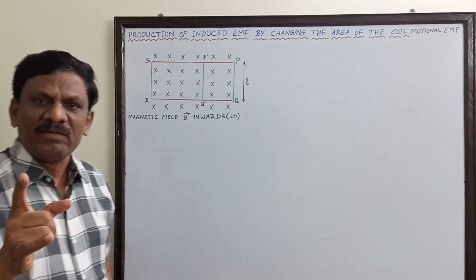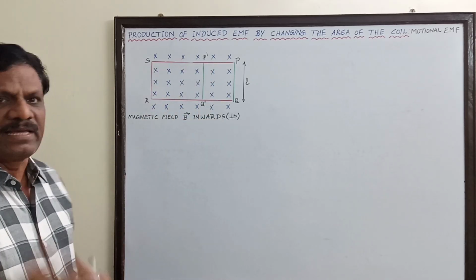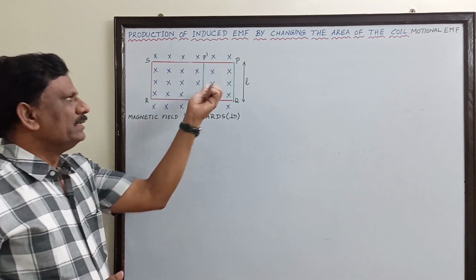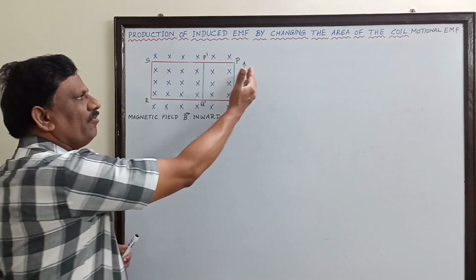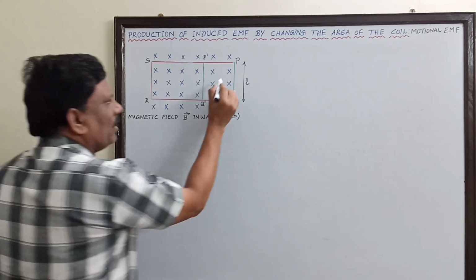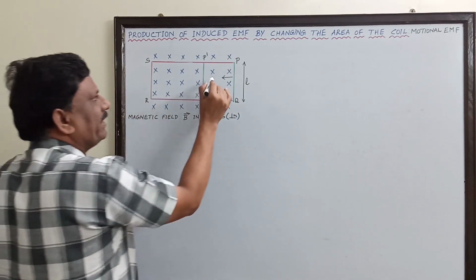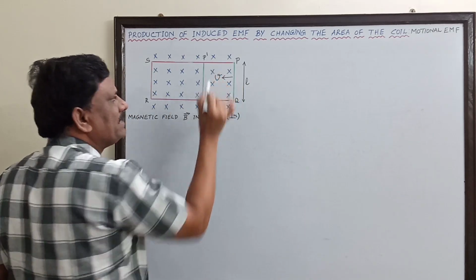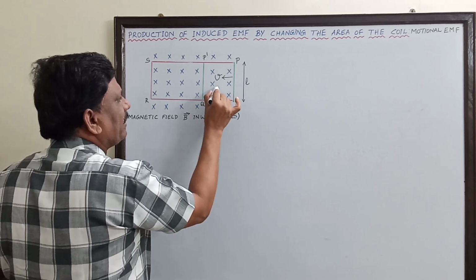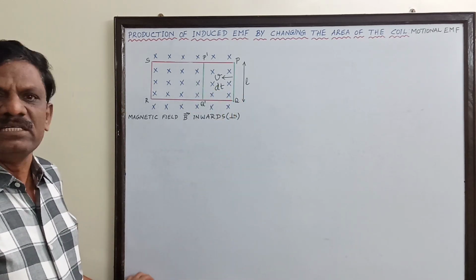So once again I am repeating, my dear students: an incomplete rectangular portion is kept perpendicular to a vertical magnetic field, and the fourth portion PQ is moved towards the left. I am going to move this portion PQ towards the left hand side with a constant velocity V for a small fractional time dt.